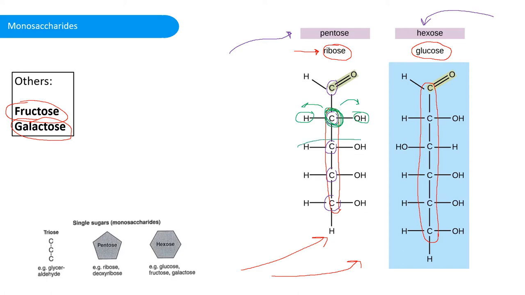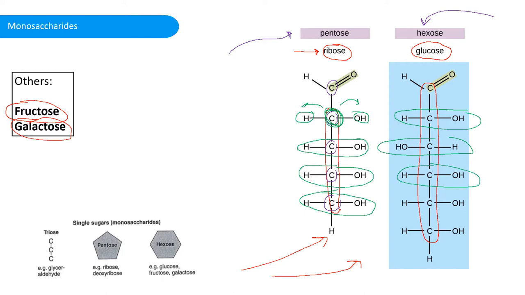So each carbon has 2 hydrogens, 1 oxygen. And so you can see that it's where we get the name carbohydrates from, and it's the same here, here, and here, and so on.